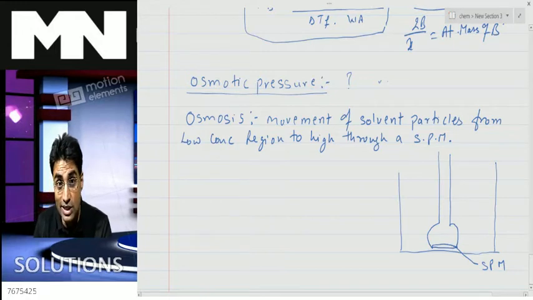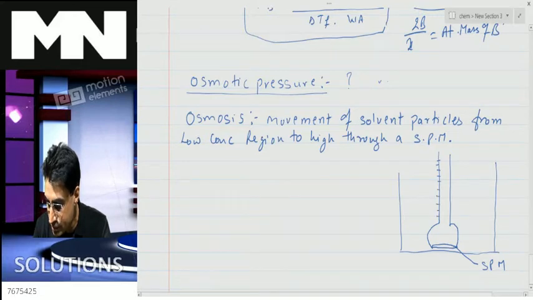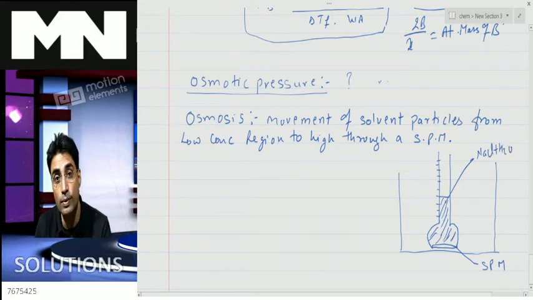Here in this funnel, there are some graduations like centimeters and millimeters. Inside this funnel, I have got a solution of, say, sodium chloride in water. This is NaCl plus H2O.